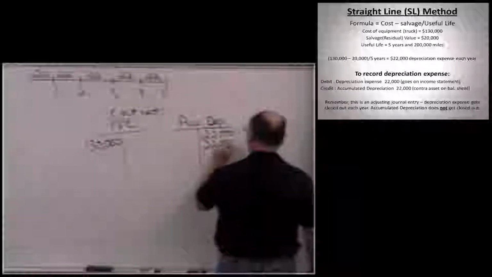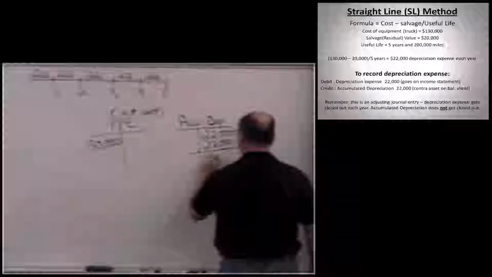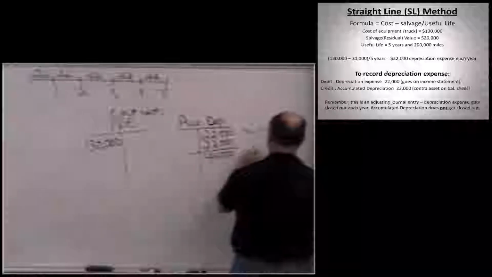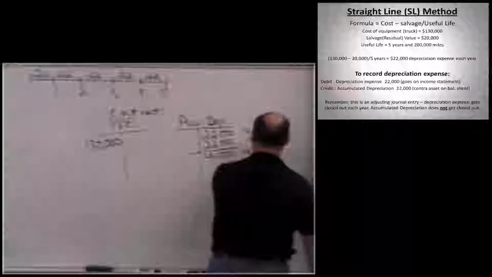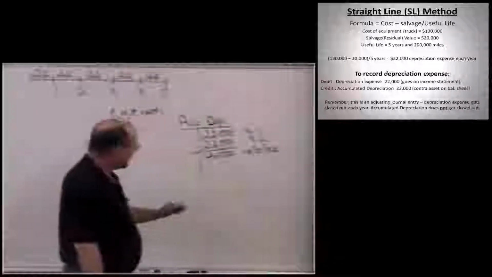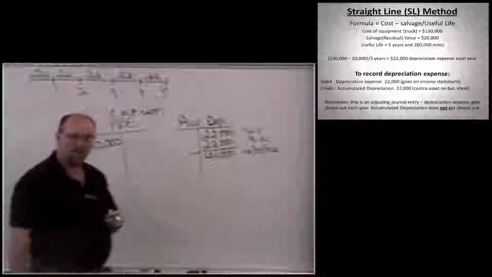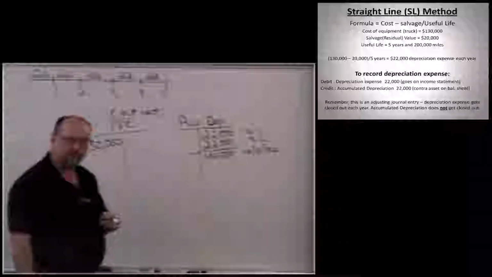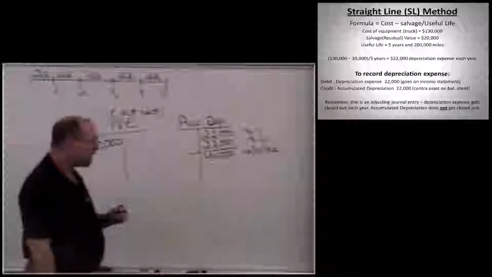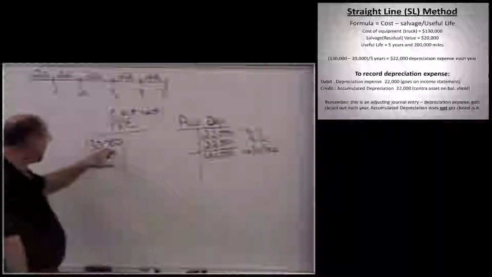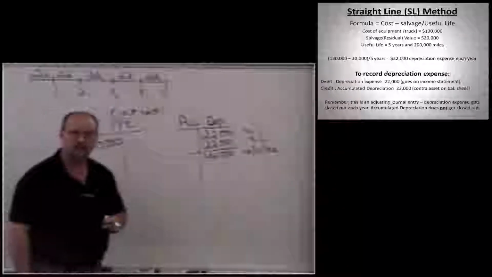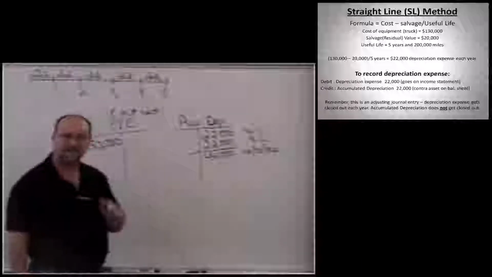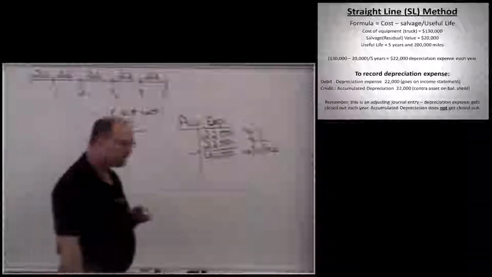End of year 2, I'll put 12/31/02 here. Here's year 1 and year 2 depreciation. At the end of year 2, we have $44,000 in accumulated depreciation. Therefore, my book value of 130 minus 44, if my math is correct, is $86,000 at the end of year 2, December 31st.